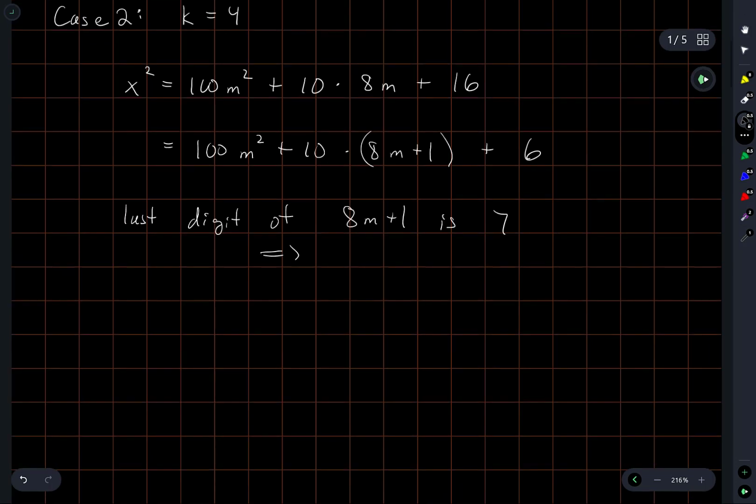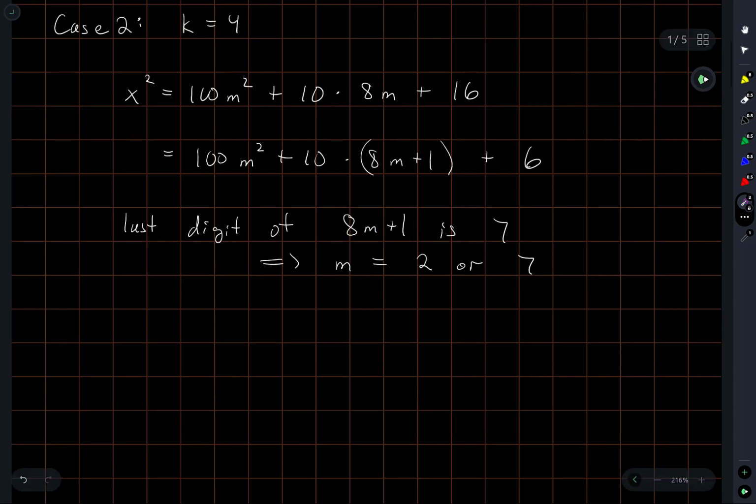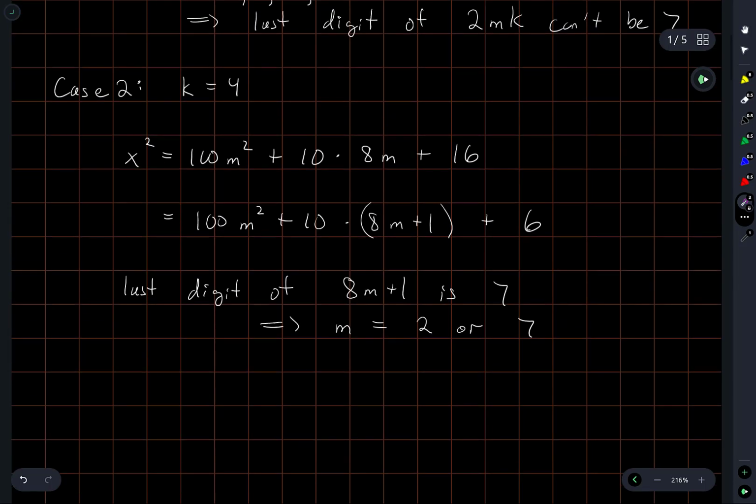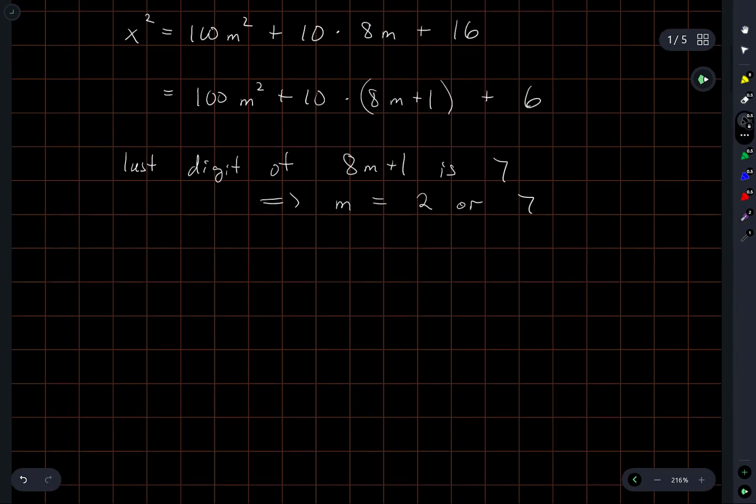And what does this mean for the possible values of m? m is going to be equal to 2 or 7. If m is equal to 2, then this is equal to 17. If m is equal to 7, then this is equal to 57. Okay, so we found two possible examples so far of the pair m and k. Our original number can be either 24 or 74. And when we square those, both of them end with a 76.